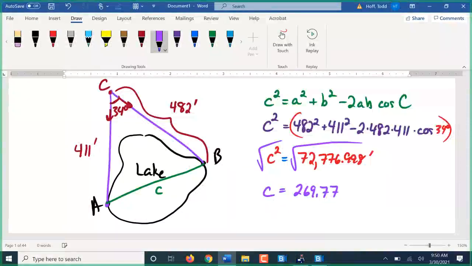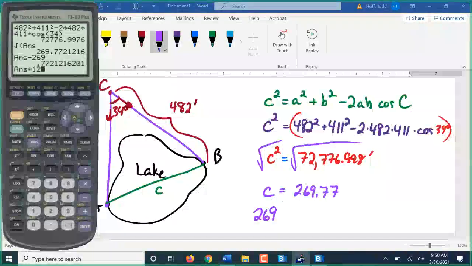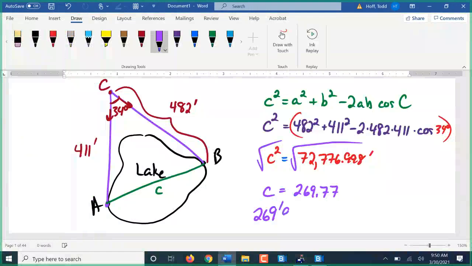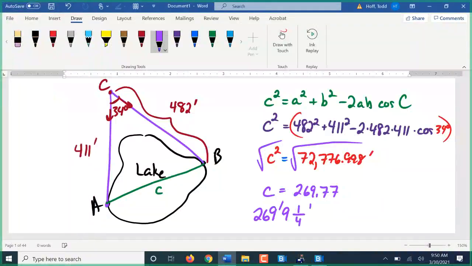So that's 269.77 feet. 269 feet, nine inches, and 4/16, so a quarter inch. 269 feet, 9¼ inches is the distance between those two points.